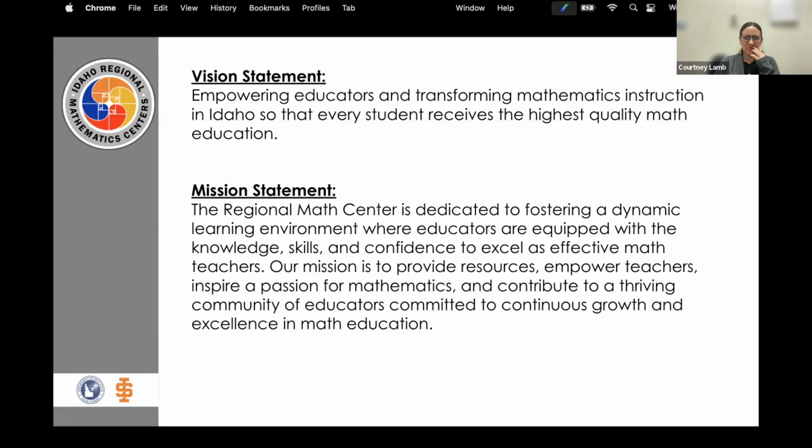How are we going to do that? The Math Center is dedicated to fostering a dynamic learning environment. Educators are equipped with knowledge, skills. Our mission is to provide resources, empower teachers, inspire a passion for mathematics, contribute to a thriving community. So it's kind of like this list of how this is going to be achieved, right?